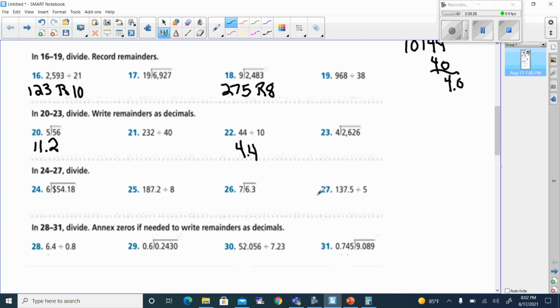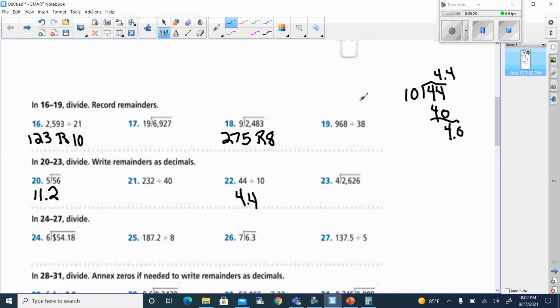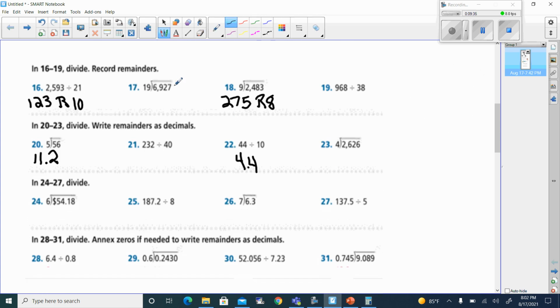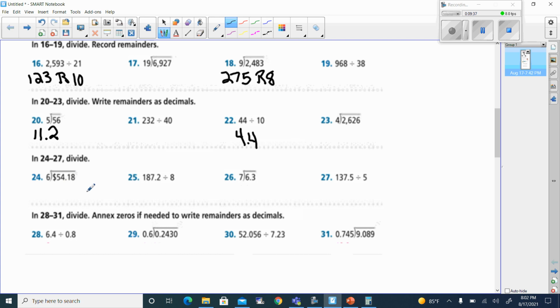All right, let's go to number 24. Number 24 says divide. This time we're talking money, a dollar sign there. So they're talking $54.18, and they're dividing it by 6.